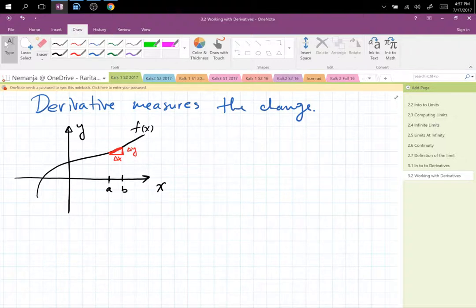And then if we have a constant growth of a function, we are going to have a constant value for the derivative.